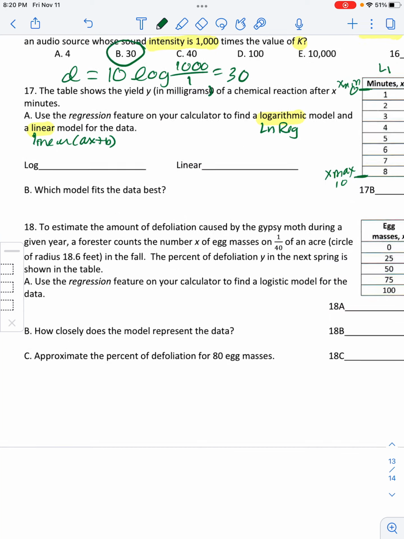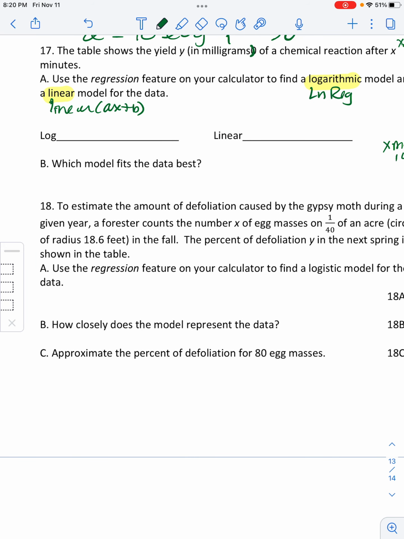Then I can go to my stat again, but now I'm going to calculate whichever of these you want to do first. So this is log, so I'll look for ln regression, and it writes it in the form like a plus B times ln x.